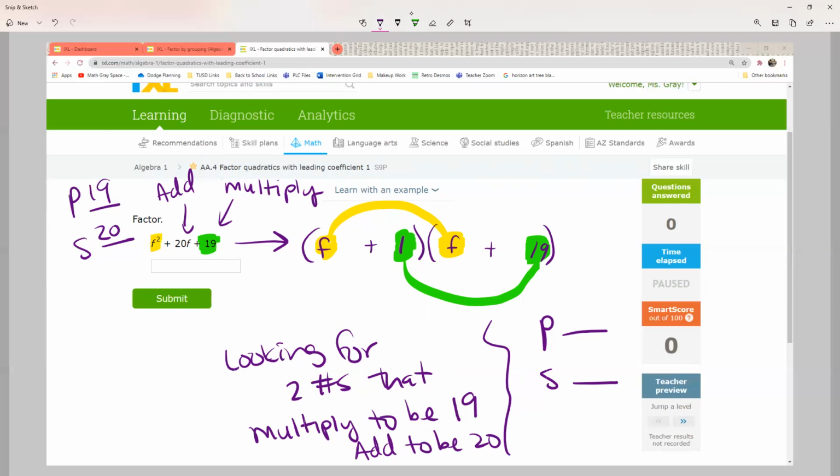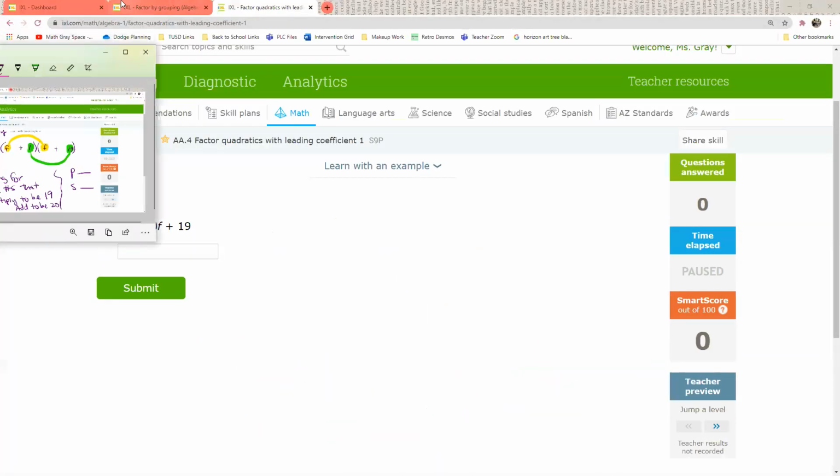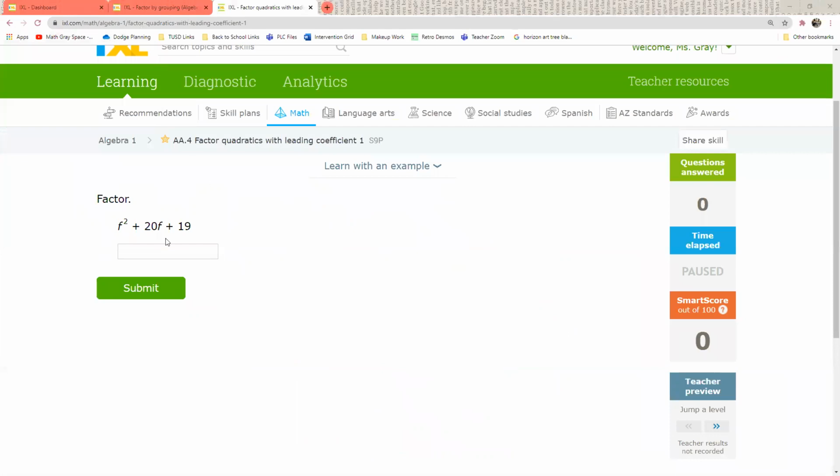The two numbers that make 19 and 20 are 1 and 19. If I multiply these, I get 19. If I add them, I get 20. So that means my answer here is f plus 1 times f plus 19. F plus 1, f plus 19.